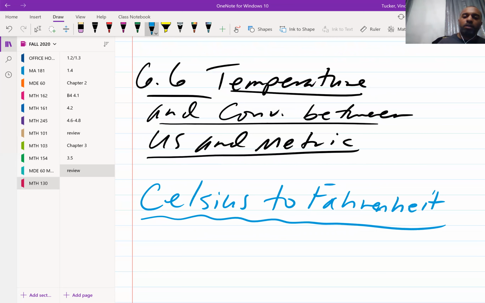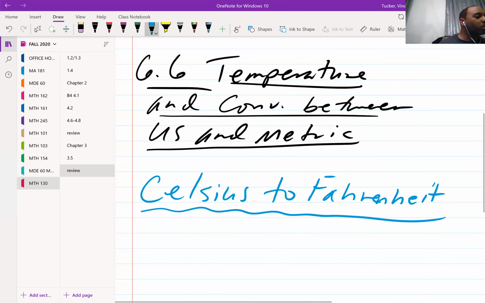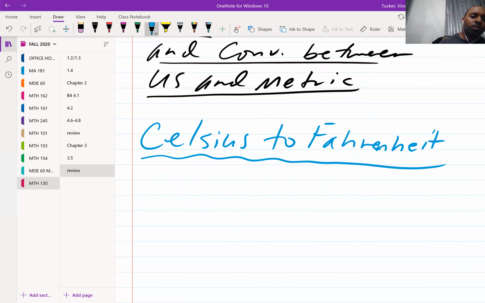All right, so we got Celsius to Fahrenheit. Yeah, we can do the or.